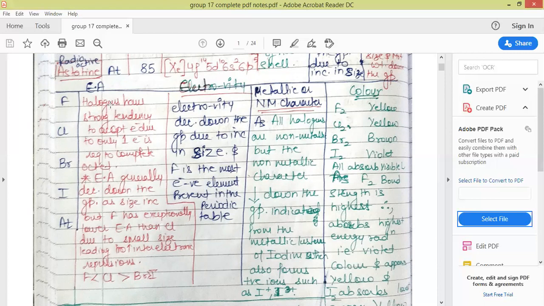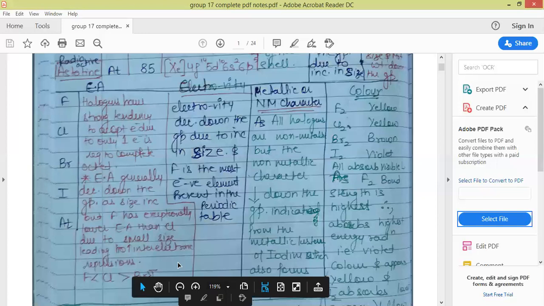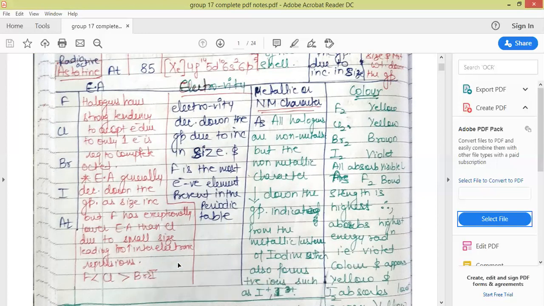However, due to the smaller size of fluorine, there are inter-electronic repulsions which render it with lower electron affinity in comparison to chlorine. So the trend becomes this, that fluorine has lesser electron affinity than chlorine, and further when we move from chlorine to iodine, electron affinity further decreases. So in case of halogens, chlorine has the maximum electron affinity.